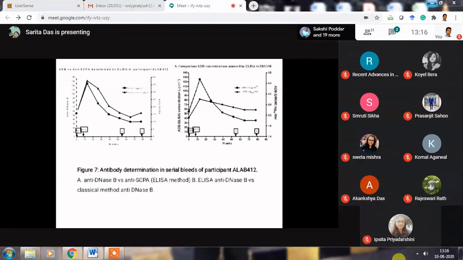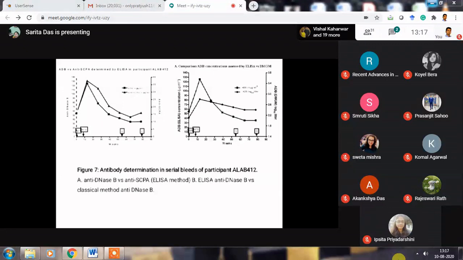Earlier, the DNase antigens were extracted from the culture filtrate of Streptococcus pyogenes. The Streptococcus pyogenes would be grown in large quantity, and its toxins, the secretory proteins, would be released into the culture filtrate, and collected from there.